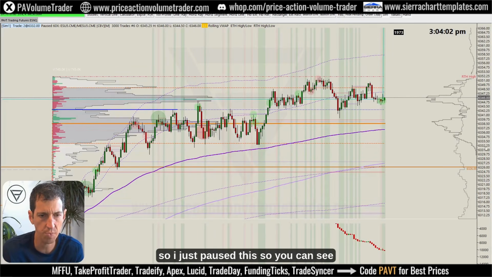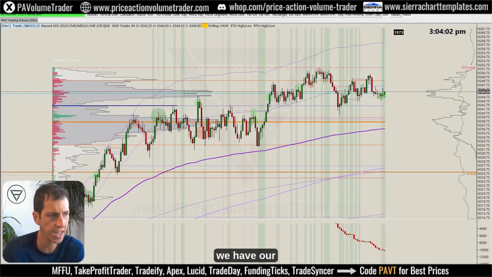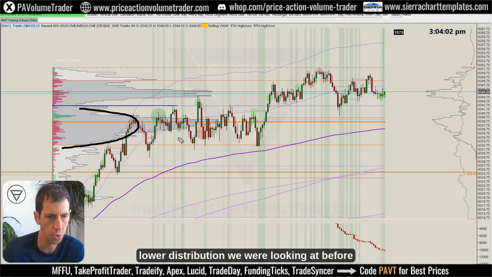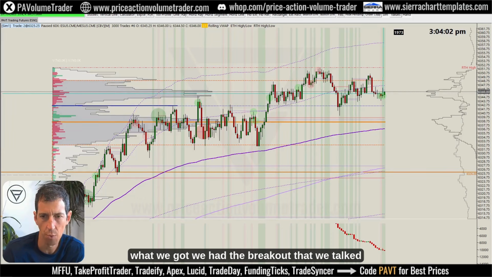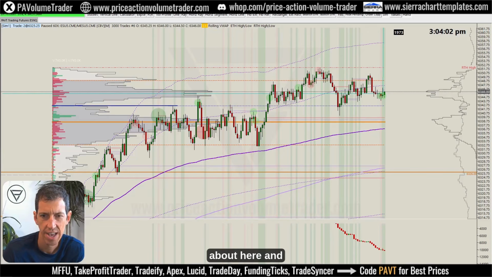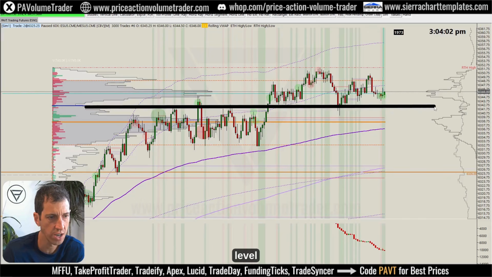Okay, so I just paused this so you can see we have our lower distribution we were looking at before, and now look on the top side what we got. We had the breakout that we talked about here, and now we've established a strong level of previous resistance now turned as support.